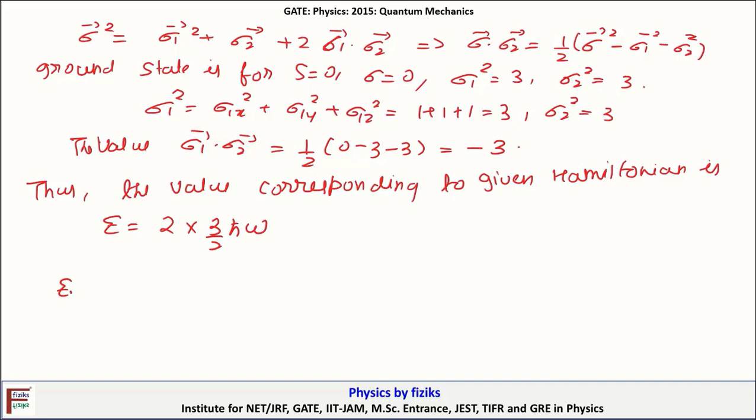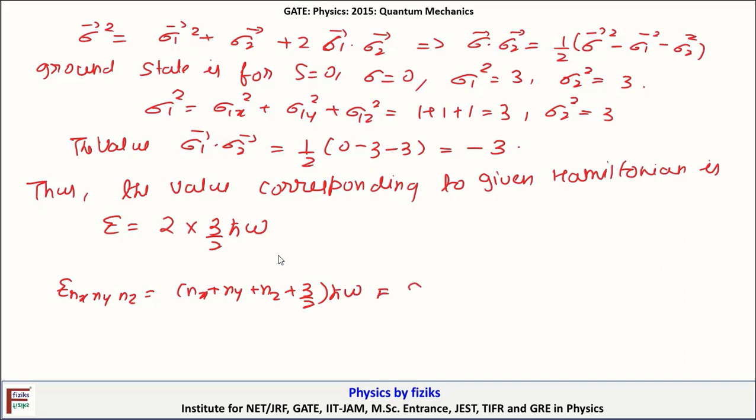E0, here I am defining E(nx, ny, nz) equals (nx plus ny plus nz plus 3 by 2) h cross omega.